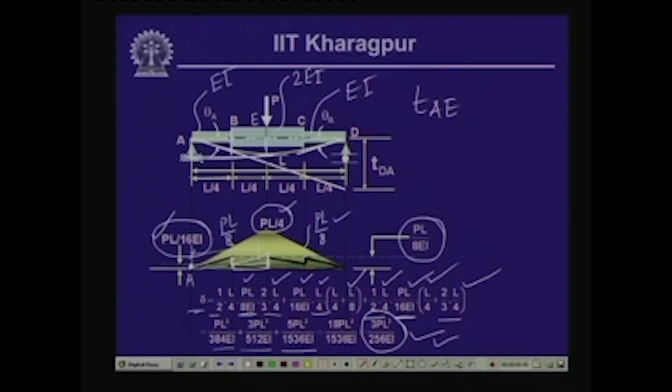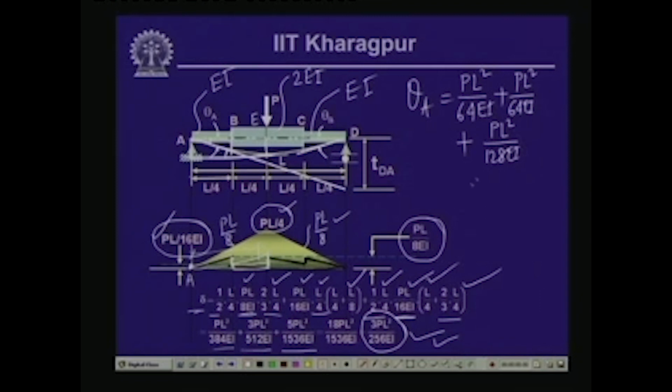Also, let us compute the slope at this particular end. When we draw the tangent to the elastic curve at this point, and the tangent at the other point, since this is 0, it equals the slope theta A. Hence, we can take the area between these two points to evaluate theta A. The area is half times L by 4 times PL by 8 EI, which is PL square by 64 EI, plus for this part of the area PL square by 64 EI again, plus for this particular part PL square by 128 EI.